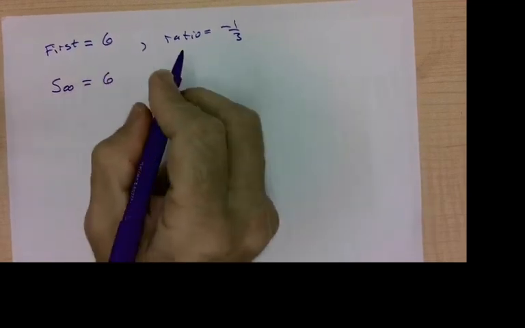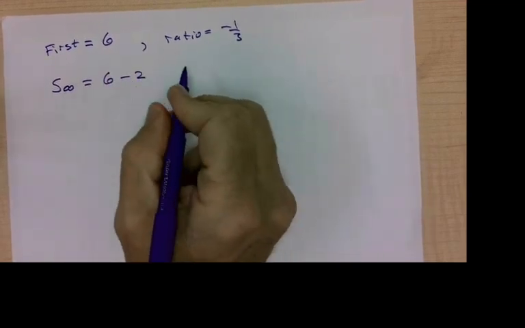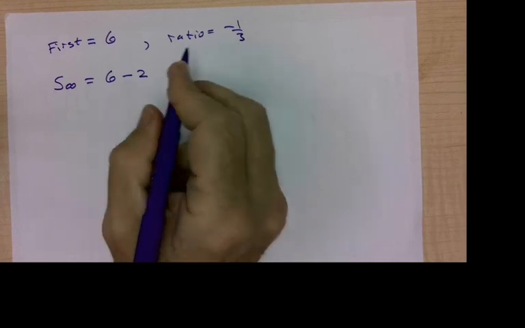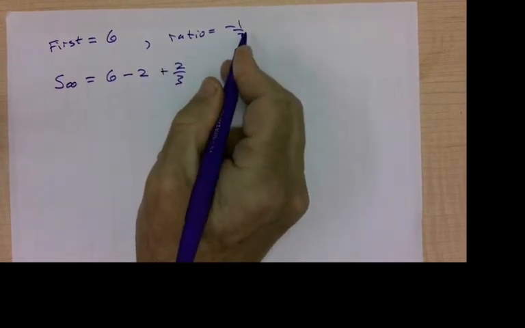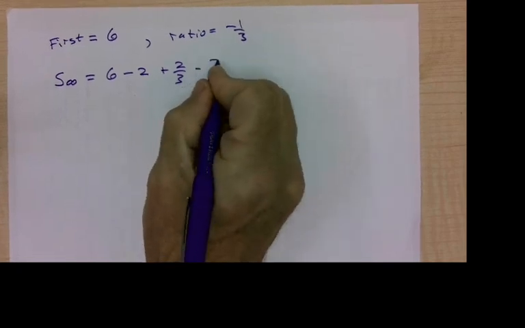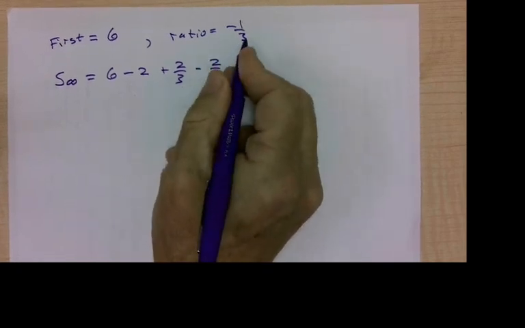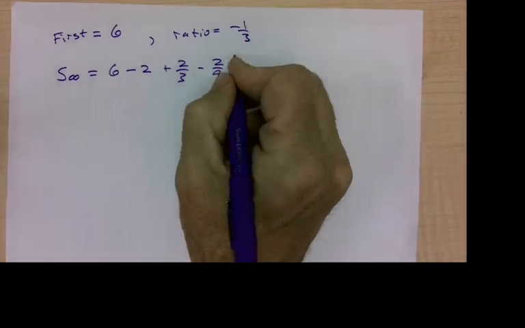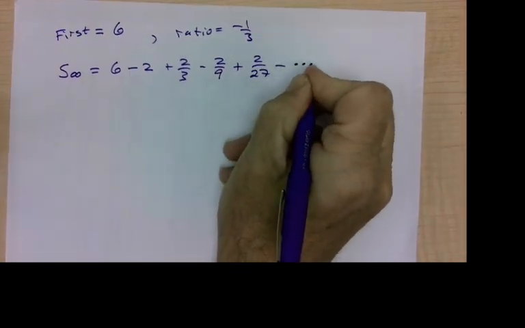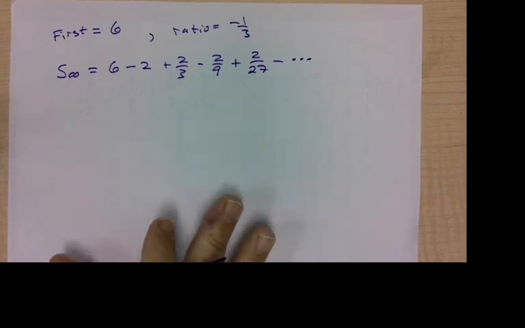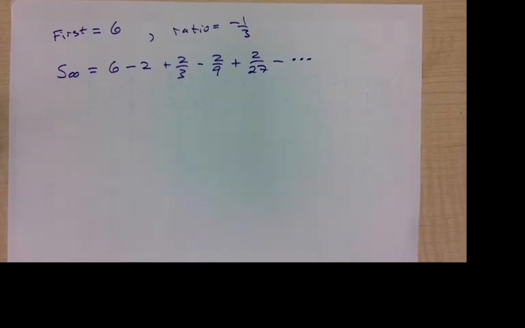A third times 6 is 2, but it's negative 2. Negative 2 times negative 1/3 is positive 2/3. Positive 2/3 times negative 1/3 is negative 2/9. Negative 2/9 times negative 1/3 is positive 2/27. And that goes forever. So we have an infinite geometric series here.